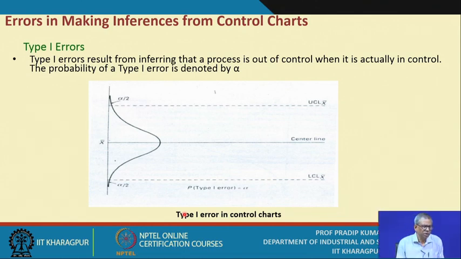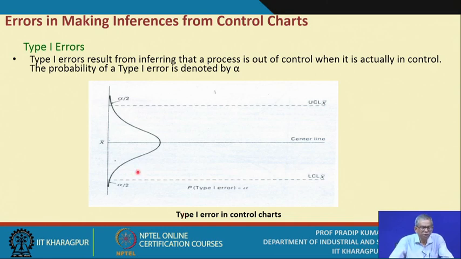Now, in respect of control charts, there are two types of error you may commit while you try to make inferences about the state of the process. These two errors are type 1 error and type 2 error. So what is a type 1 error?